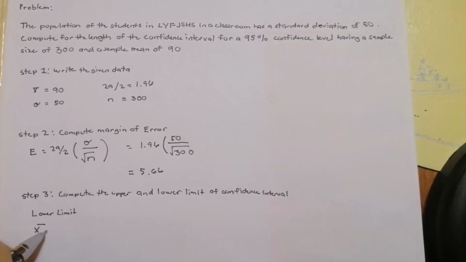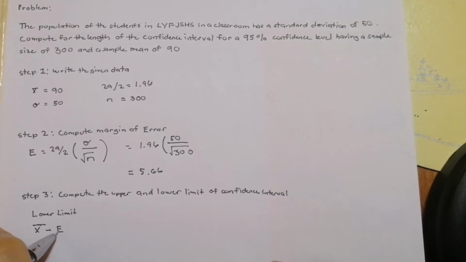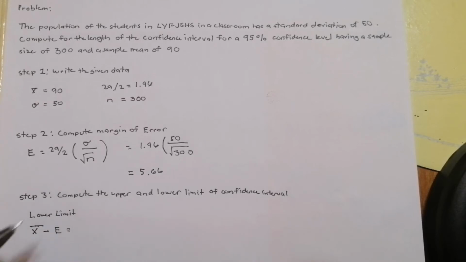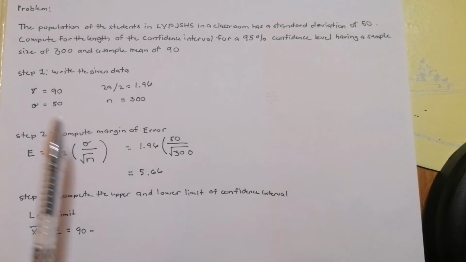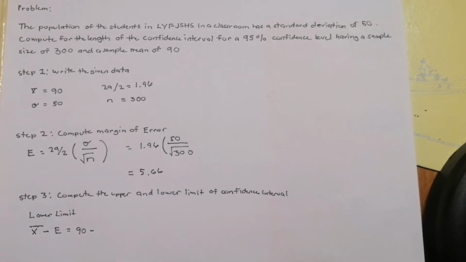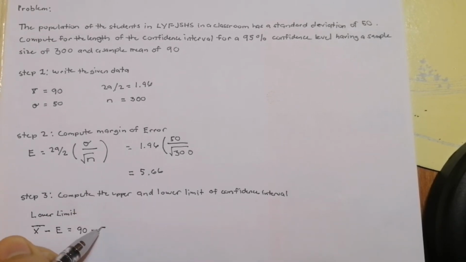We can use the formula for the lower limit, which is the sample mean minus the margin of error. The sample mean, which is 90, minus the margin of error, that equals 5.66.